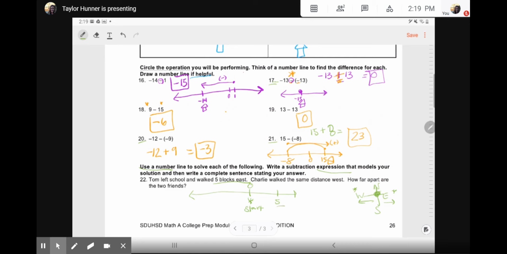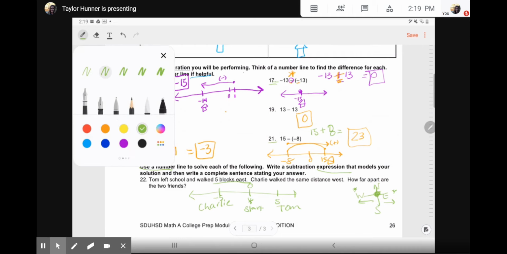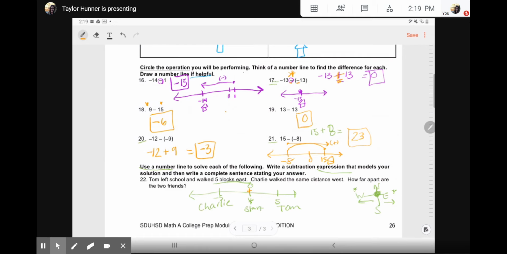So I'm going to say that this is Tom, and this is Charlie. Charlie would be over here at -5. Well, we can easily see with our little picture how far the two are apart. If they both started at this spot, one walked 5 this direction and one walked 5 this direction, they're going to be 10 apart from each other.